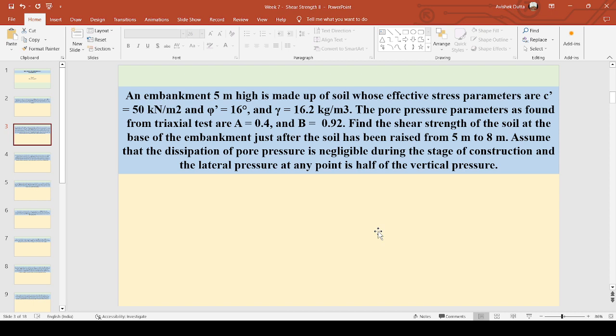So the shear strength is the only thing we need to find out, and dissipation is negligible. That means we can find out the decrement or increment in pore pressure only with respect to the change inside the soil mass and not anything related to the dissipation of the pore pressure outside the soil mass.